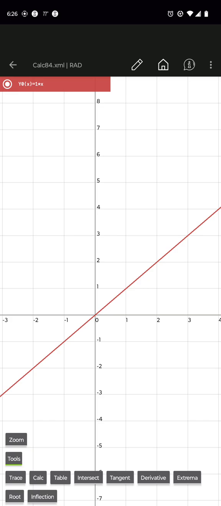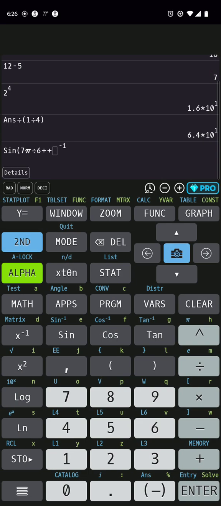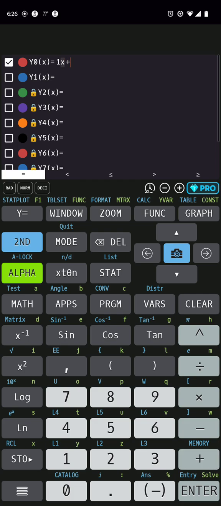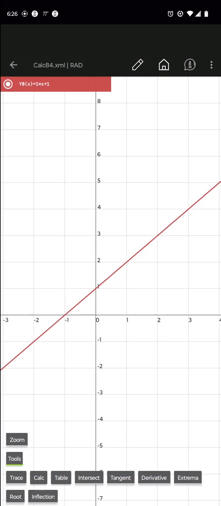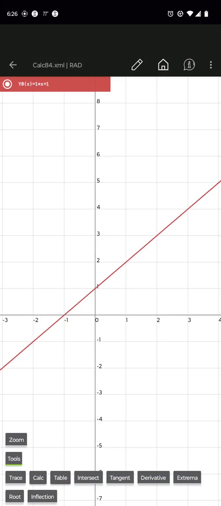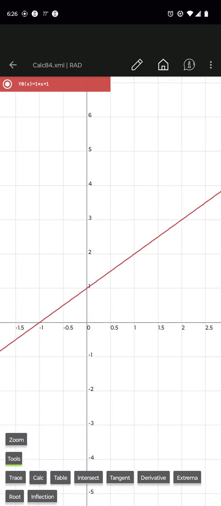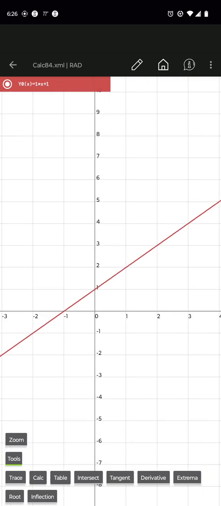Now, remember this. 1x. Now we add plus 1. Now, look, it goes up. So, 1x was at 0 point. Now, it's at 1 point.